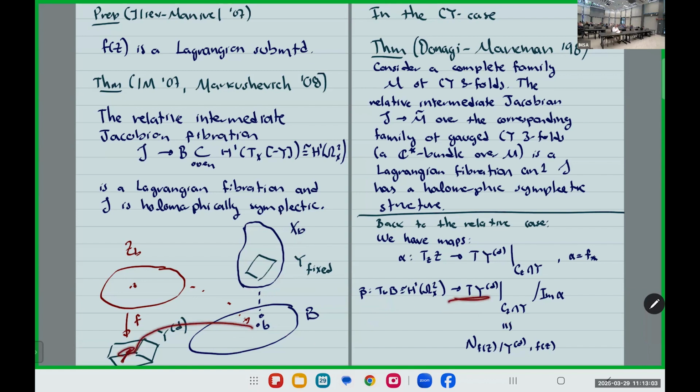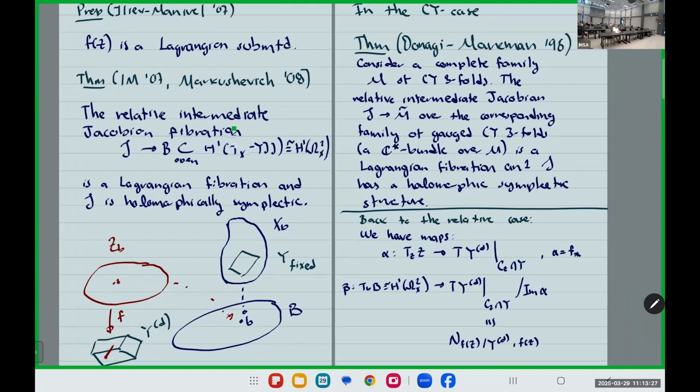And this will actually map to the normal bundle of the image of this F(Z). So we will have two maps here. One that is going to the tangent space of the image of this parameter space, and the other one is mapping to the normal bundle.